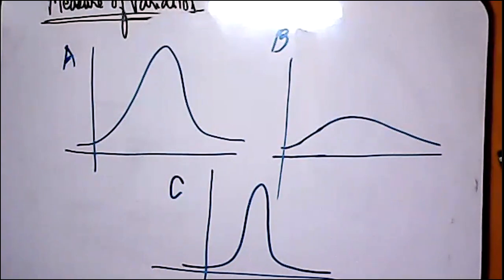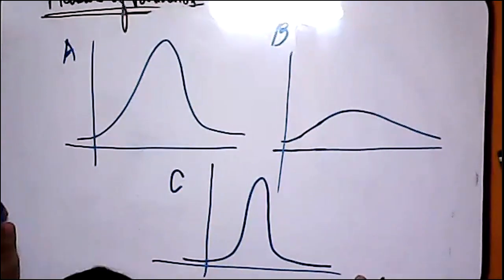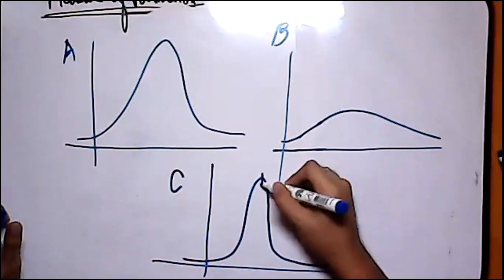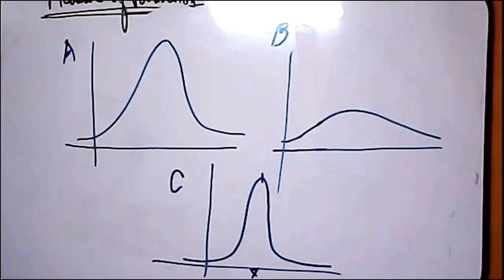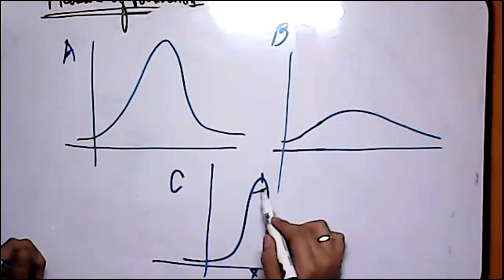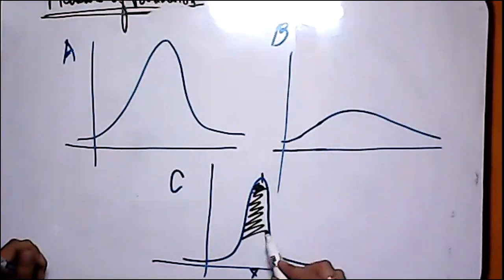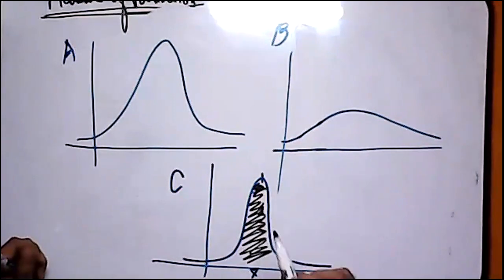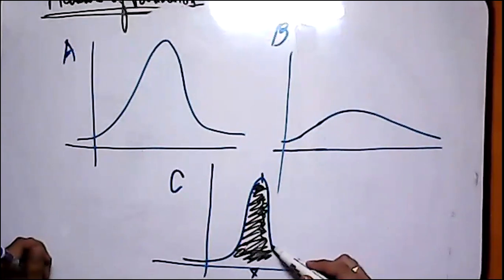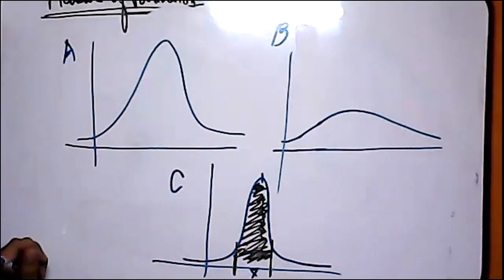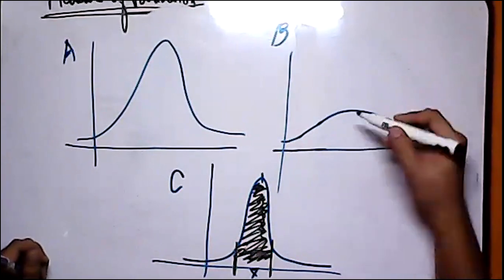Let's examine that. If we look at the graph, here is our mean, right? This is your X bar. Now, what are the values that concentrate most of the curve? Are they close to the mean? Let's compare it here.